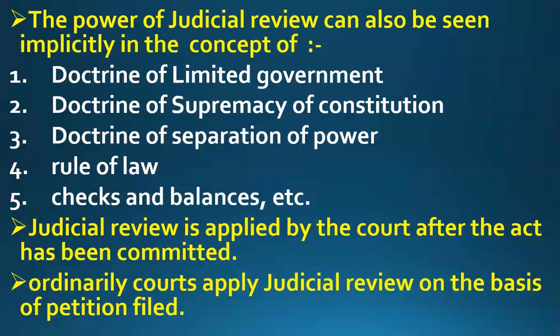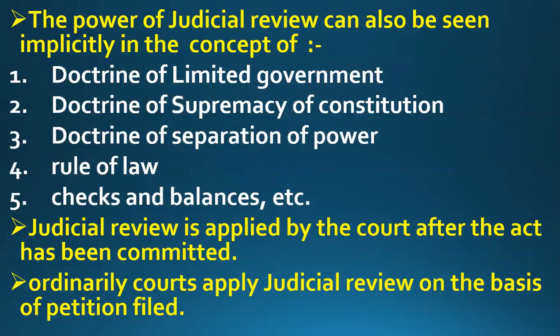Now friends, judicial review is applied by the court after the act has been committed. Now what does it mean? It means that suppose Parliament is making a law, and the Supreme Court knows that this law is unconstitutional, means this law will violate the constitution when it is made.